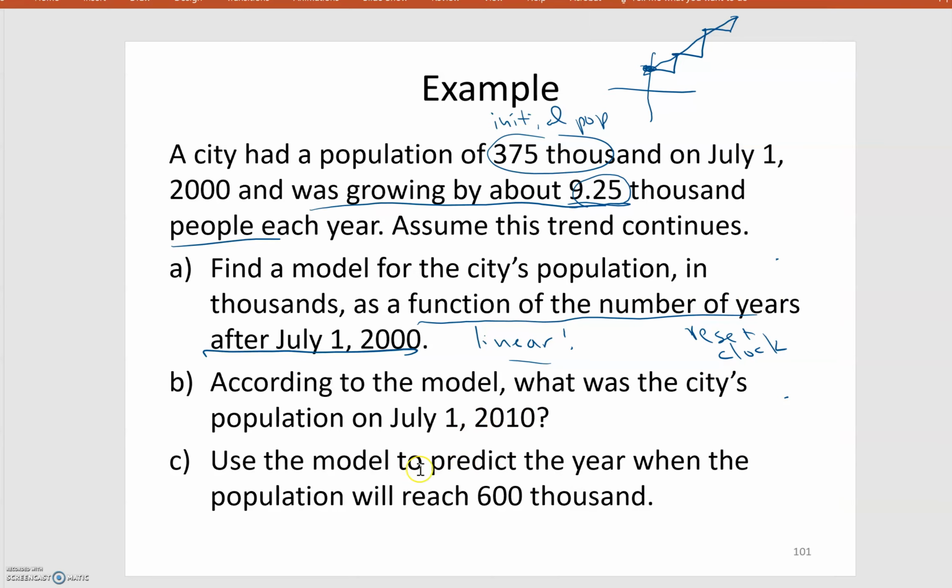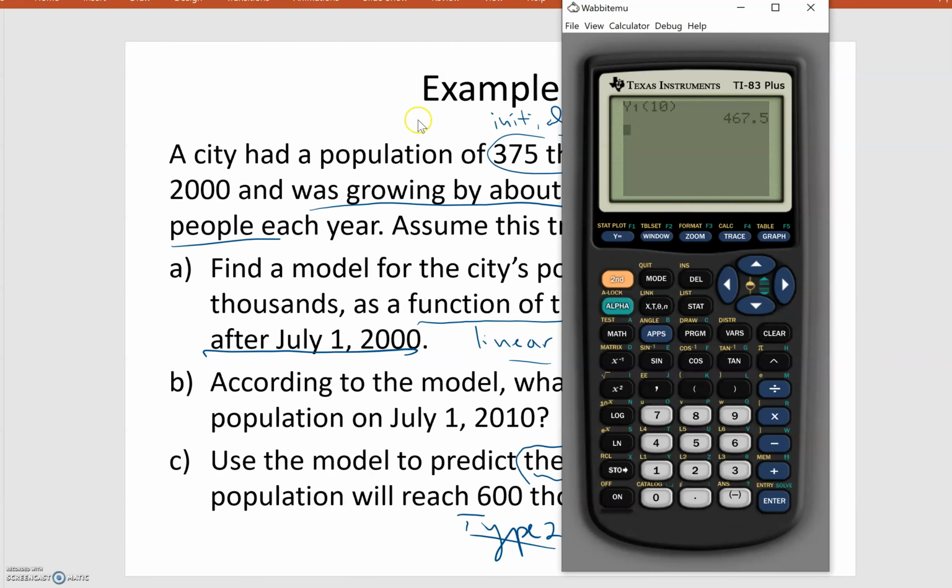Question C, use the model to predict the year when the population will reach 600,000. This is actually asking me for the calendar year, but we're going to find first the elapsed time. And this is a type 2 question, so we're going to use calc intersect here. I'll go to y equals, and I'll put 600 here. Now I want to know how many years it takes me to get to that.